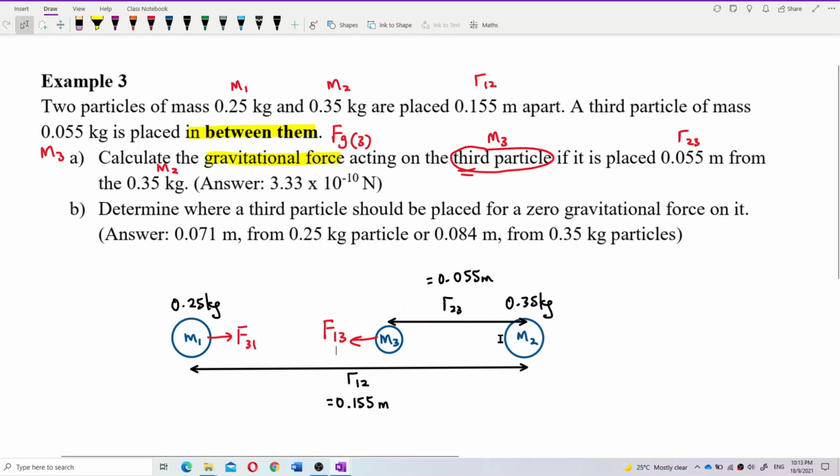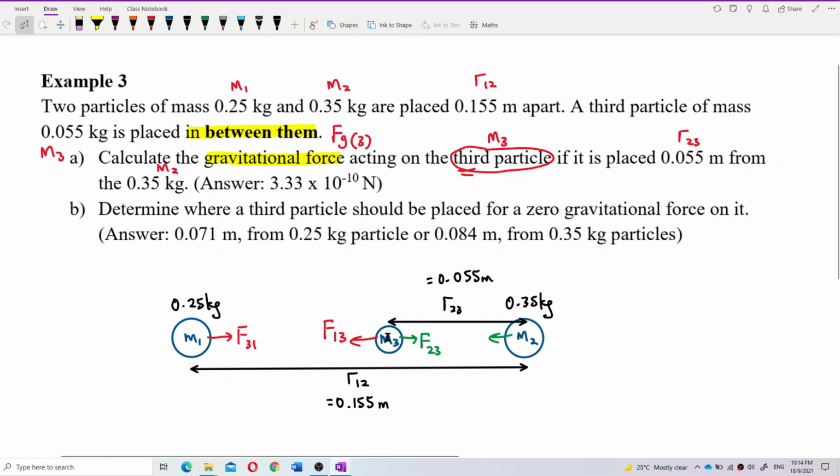And then between mass 2 and mass 3 there is also a pair: 2 attracts 3, and 3 also attracts 2. So on 3, this is F23, the force of 2 on 3.